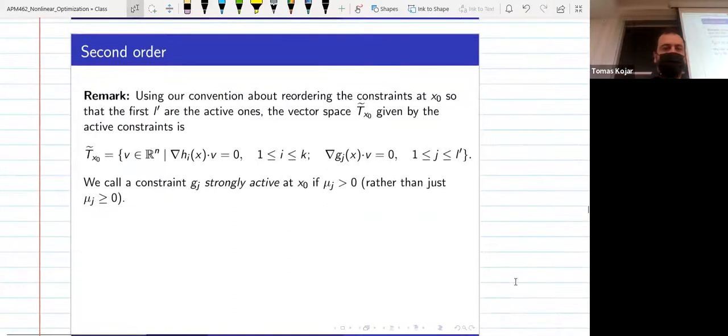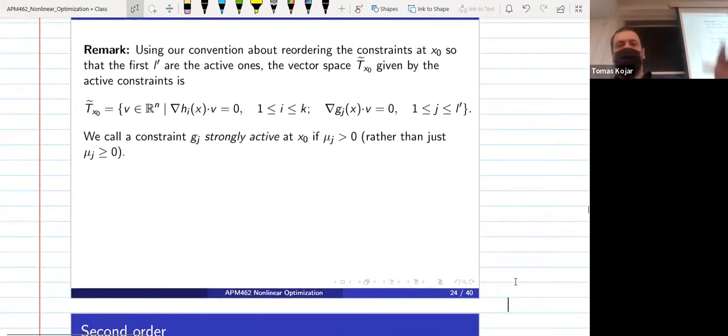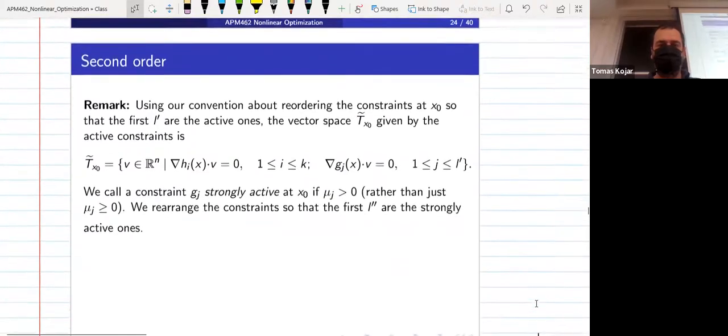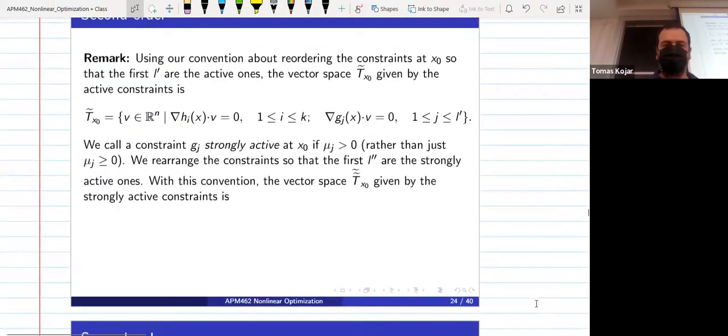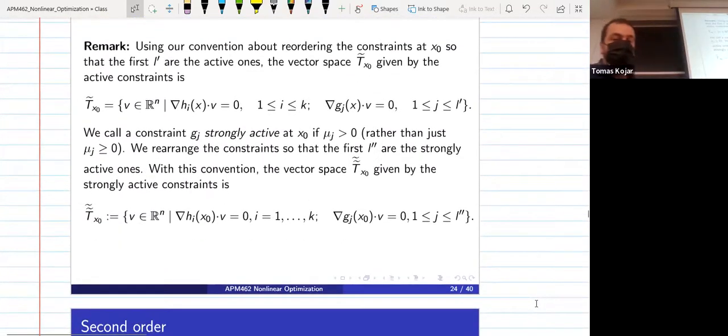Now, a constraint is called strongly active if, during your computations, you show that mu j is strictly positive. I will probably prove it next time.